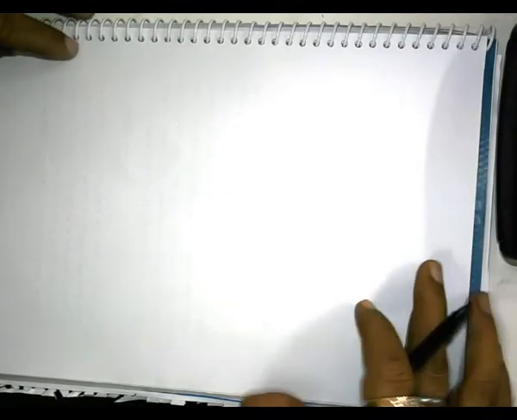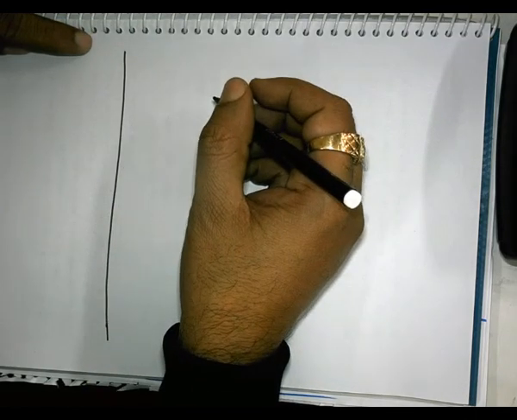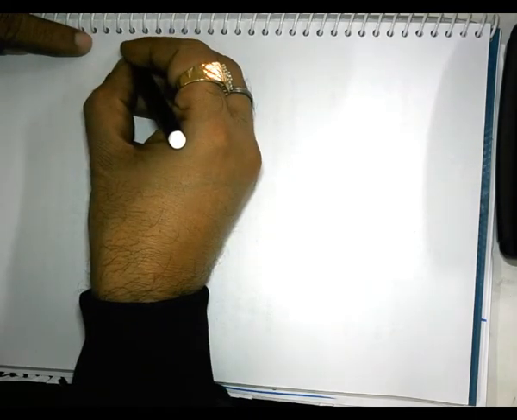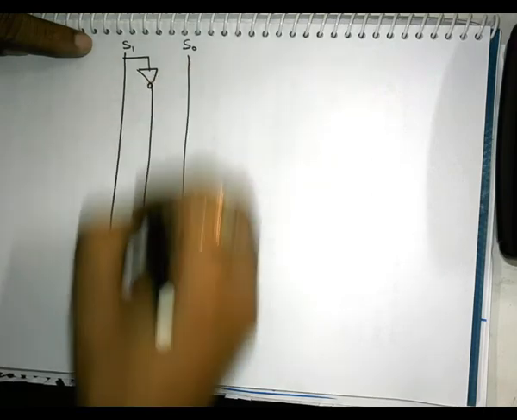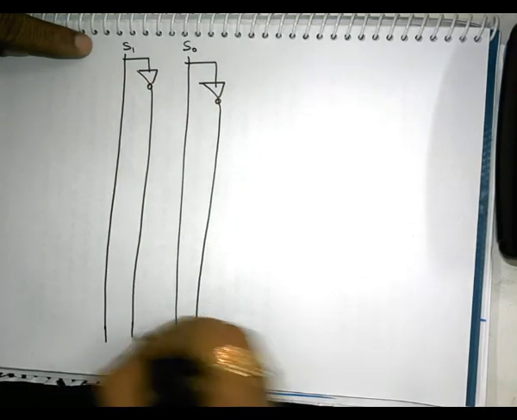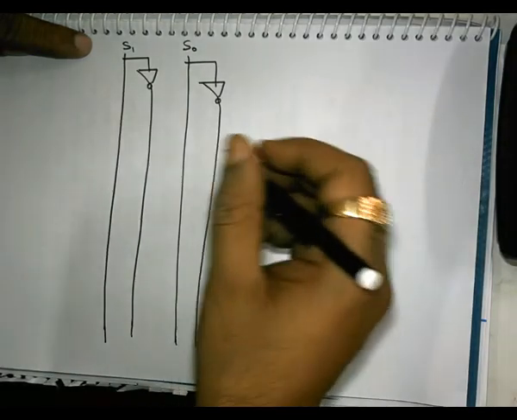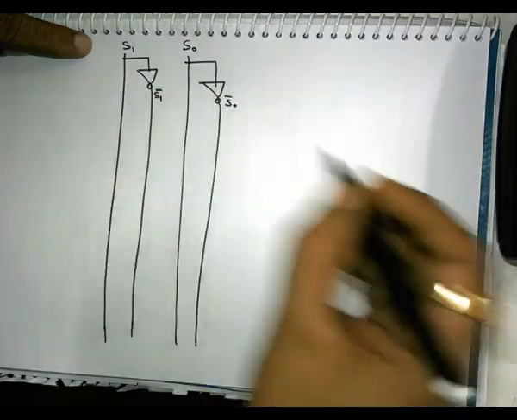How can we design a demultiplexer? Suppose a 1 to 4 demux, meaning we have two select lines, S1 and S0. Naturally, we will take the inverted version of these, S1 bar and S0 bar.